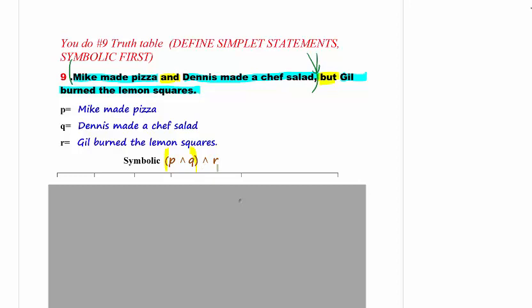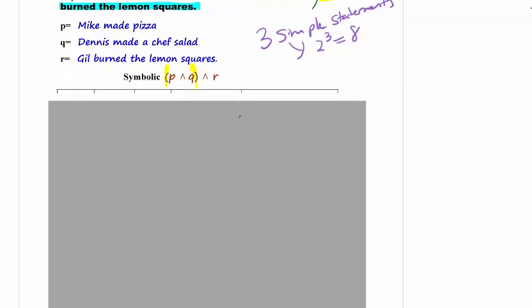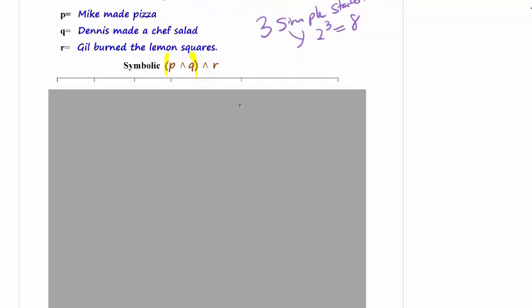The first thing we should notice before we do anything else is that there are 3 simple statements, which means that I should have 8 combinations. So we're going to start our chart always the same way when we have 3 simple statements. We're going to start it off with P, Q, and R. P is 4 trues, 4 falses.